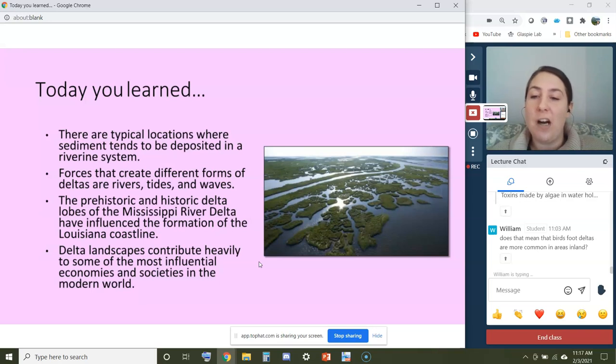You learned that there are forces that create different forms of deltas, and it really depends on the relative importance of river activity, tides, and waves. You learned about delta switching and how the delta lobes of the Mississippi River have influenced the formation of the Louisiana coastline. And you learned through the Pearl River Delta region how delta landscapes can contribute heavily to some of the most influential economies and societies in the world.